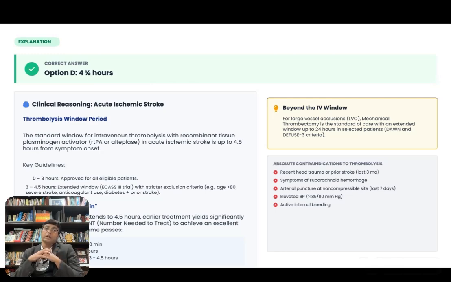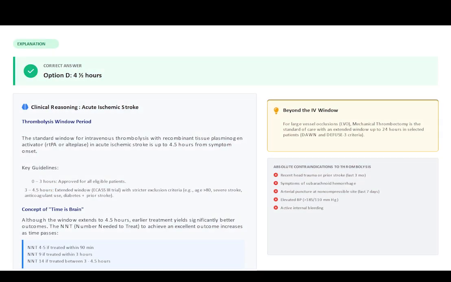Now, the next part is the endovascular therapy. After the medical thrombolysis, what is this? For large vessel occlusion, the window period can extend up to 24 hours.